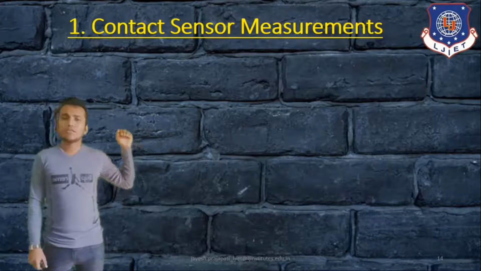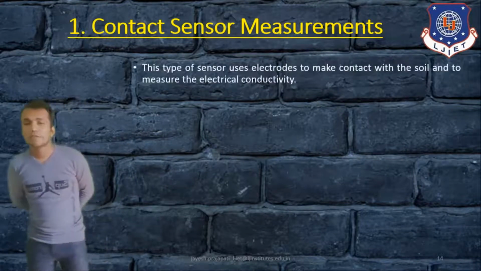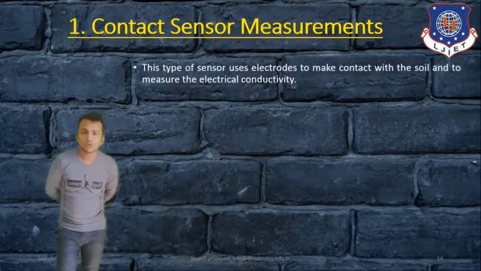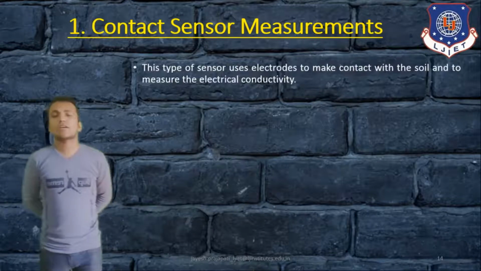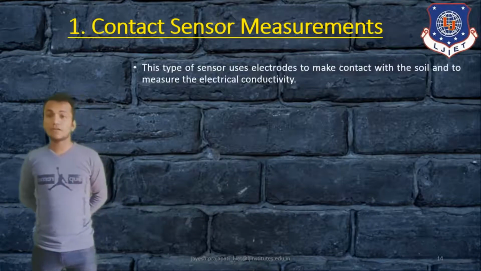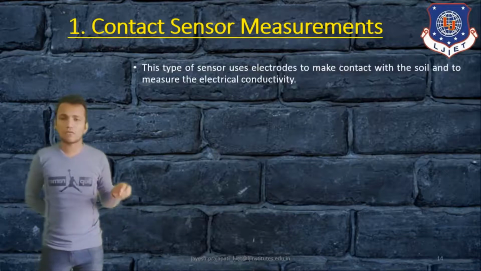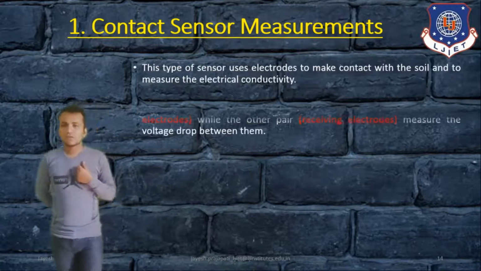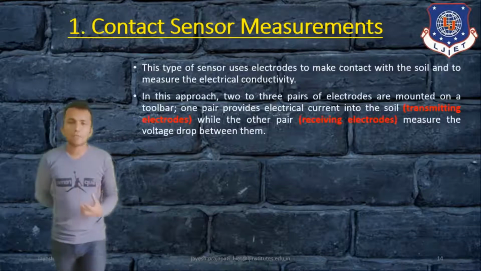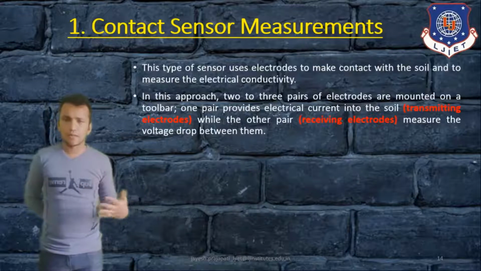In contact sensor measurement, these types of sensors use electrodes to make contact with the soil and measure the electrical conductivity. So it has a direct contact between the electrode and the soil, and then it can measure the electrical conductivity. In this approach, 2 or 3 pairs of electrodes are mounted on the toolbar.